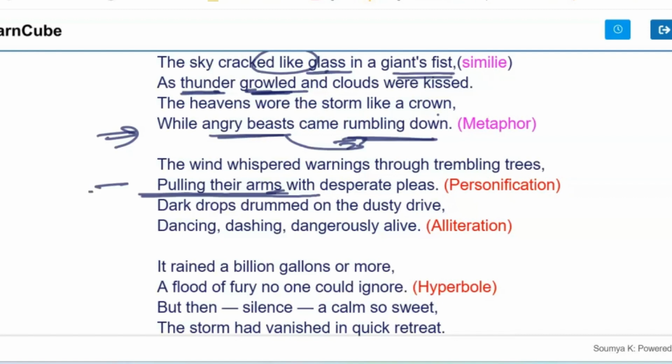So here personification trait is used. Next one is dark drops thumped on the dusty drive. So you can see similar sound is being used everywhere. So we call it alliteration. Below also you can see dancing, dashing, dangerously alive. So alliteration comes here in this case.